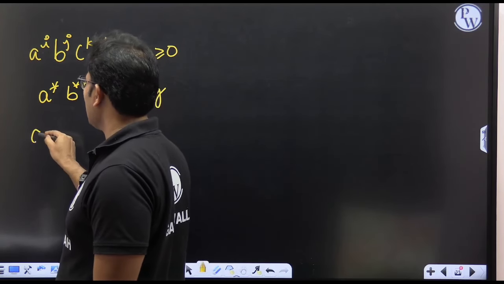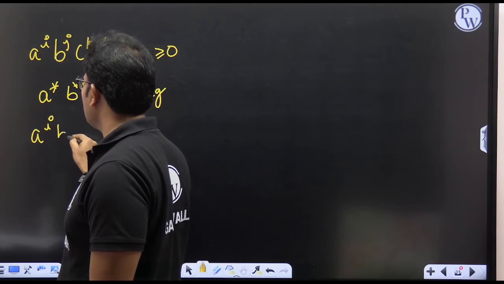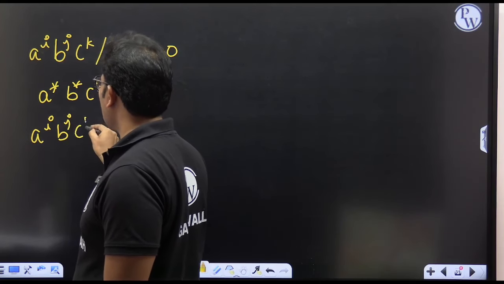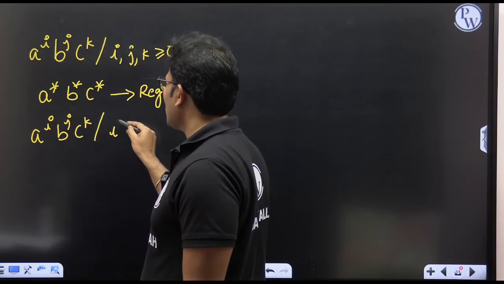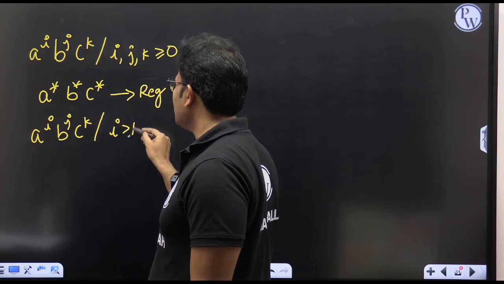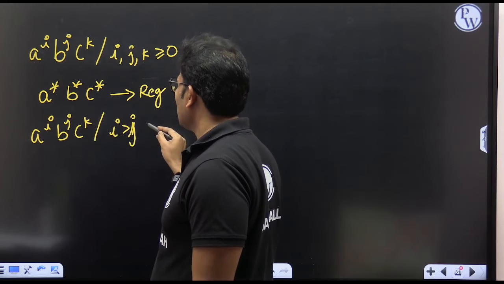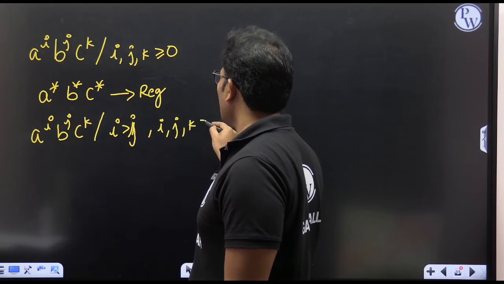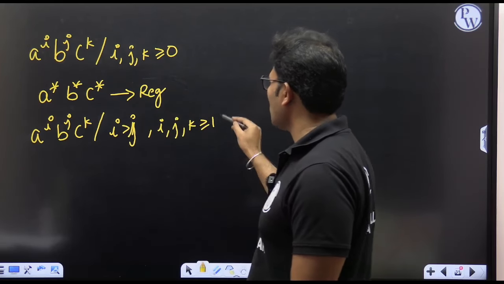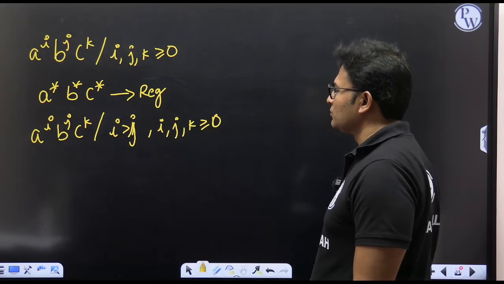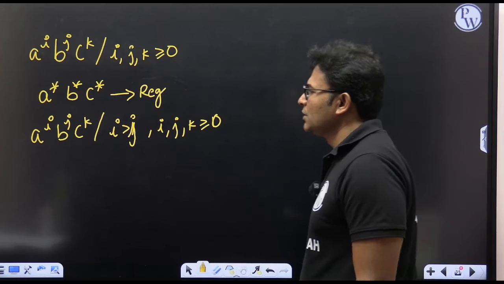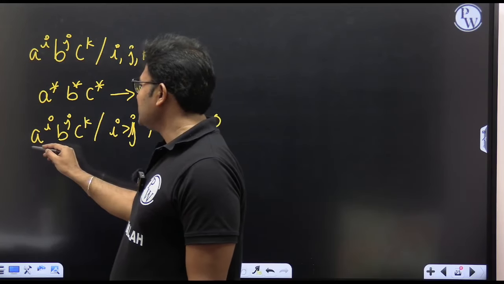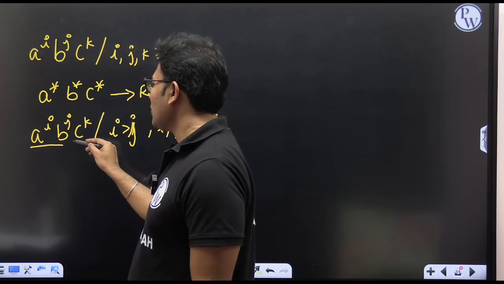Now if I write A power i, B power j, C power k, such that i is greater than j, and i, j, k are greater than or equal to 1, or you can also say greater than or equal to 0, anything is fine. So A's and B's have to be compared. We don't have to compare C's.